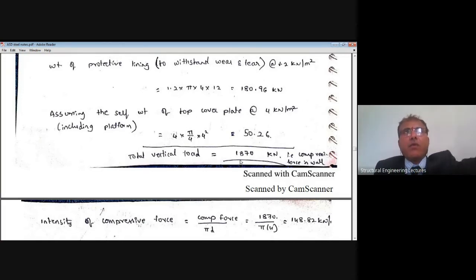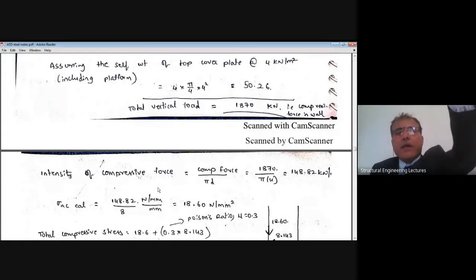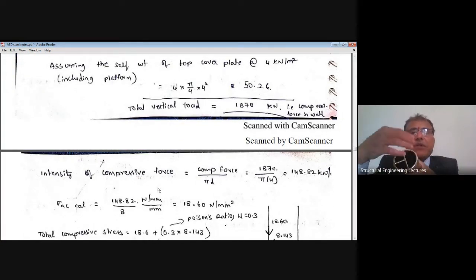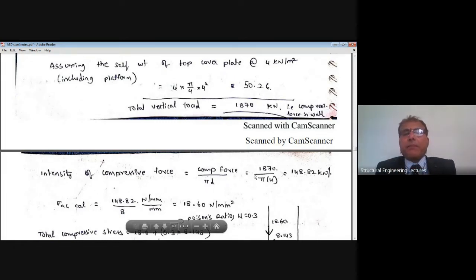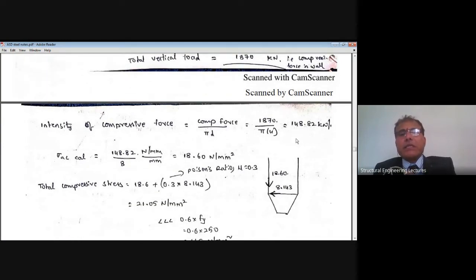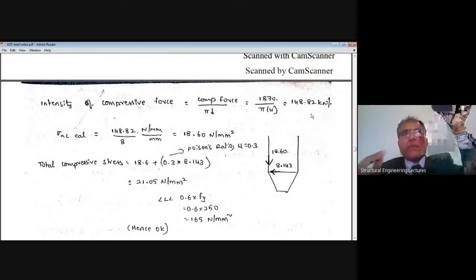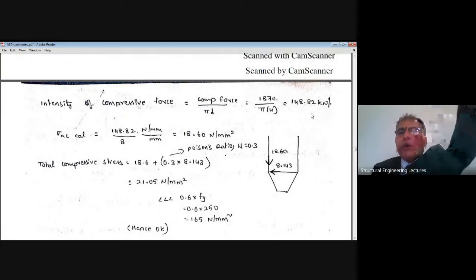On the wall, on the periphery, right? Therefore, now I'll calculate the intensity of that compression force per unit length of the periphery. Therefore, I'll divide by the total peripheral length, pi multiplied by d.